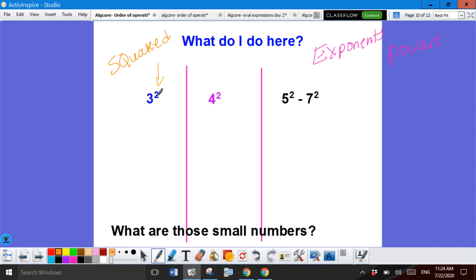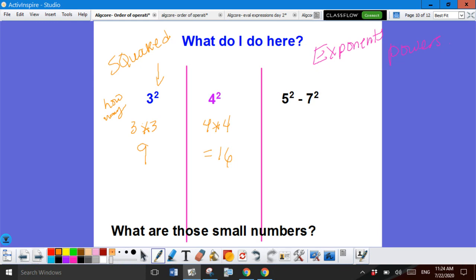This does not mean 3 times 2. This tells me how many 3's I have. So this is telling me I have 3 times 3, and 3 times 3 is 9. Same thing here. This is not 4 times 2. It is 4 times 4. So 4 times 4 is 16.